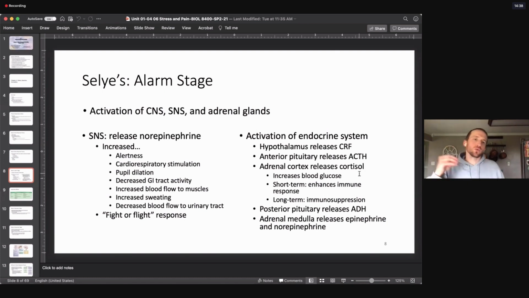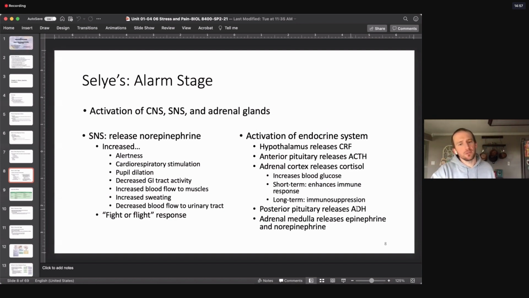Cortisol also in the short term increases the delivery of glucose to the blood from liver and skeletal muscle stores. It increases glucose delivery to the blood from its storage site. So it makes more sugar, more energy, nutrients available to be used by this active skeletal muscle.